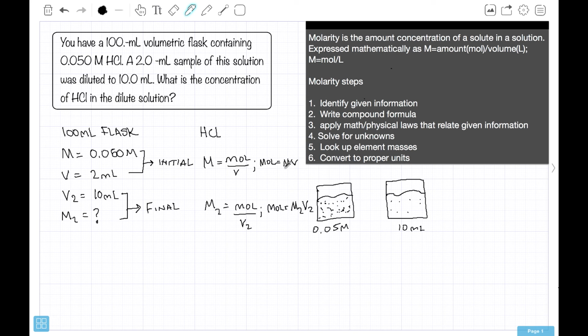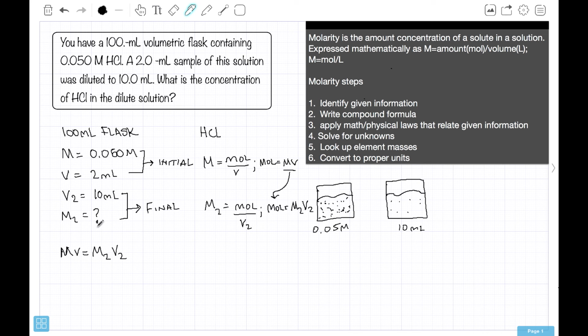Now, being that moles equals MV and you have moles equals M2V2, you can substitute either MV or M2V2 in for moles in either equation. I'm going to take this one and substitute it in for moles in this equation. So down here, after I do that, we'll have MV equals M2V2.